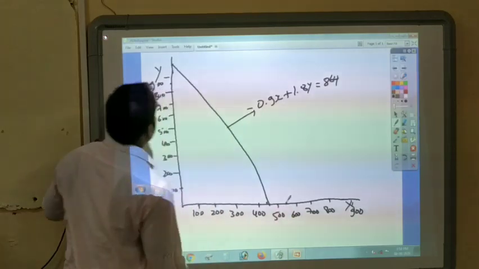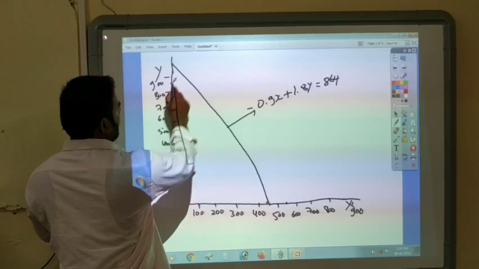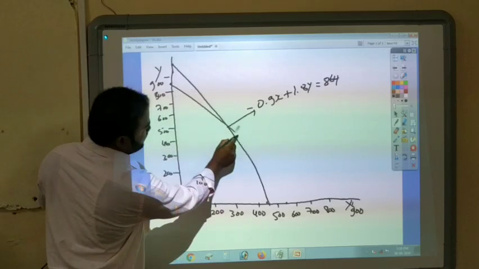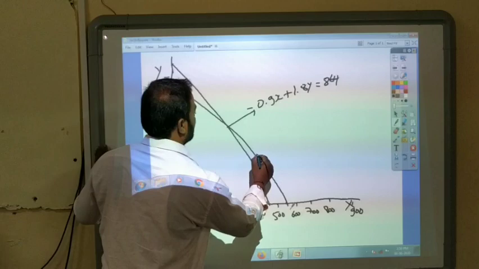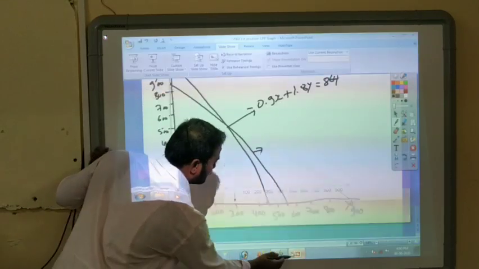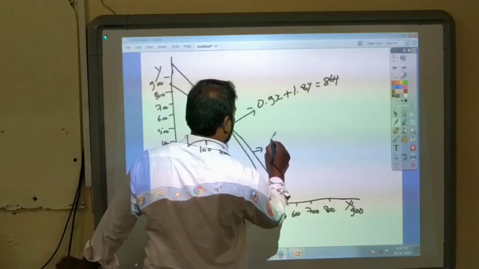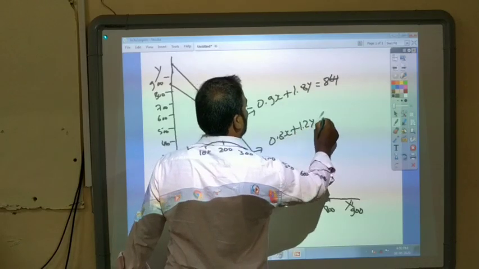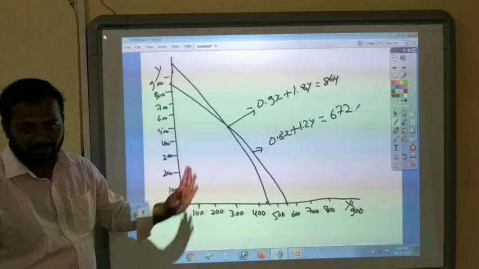Now we are connecting these two points. So this line is 0.8x plus 1.2y is equal to 672. Now we are going to identify the feasible region.